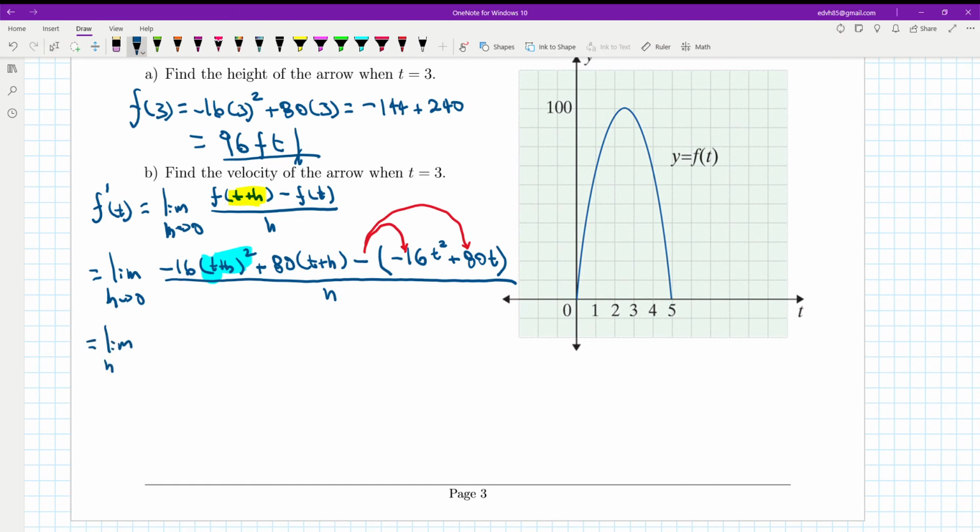Limit as h approaches 0 of negative 16 times t squared plus 2ht plus h squared, plus, we can also distribute the 80, and that's 80t plus 80h, and then plus 16t squared minus 80t, the whole thing over h.